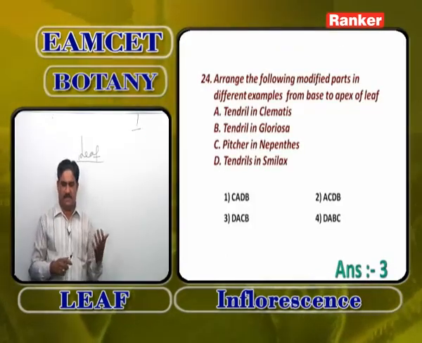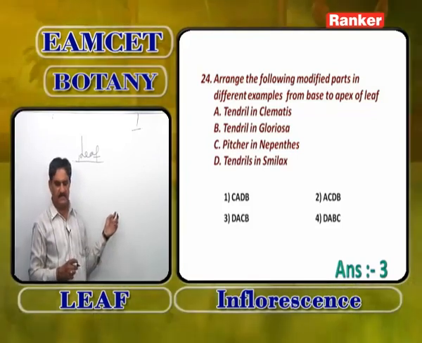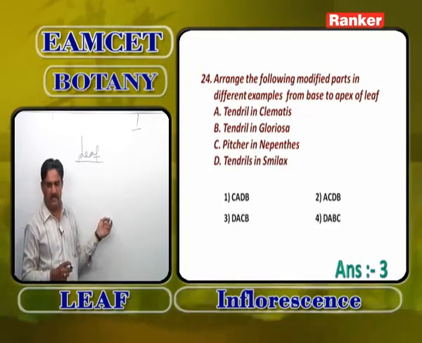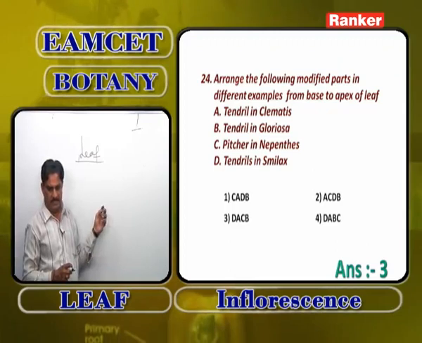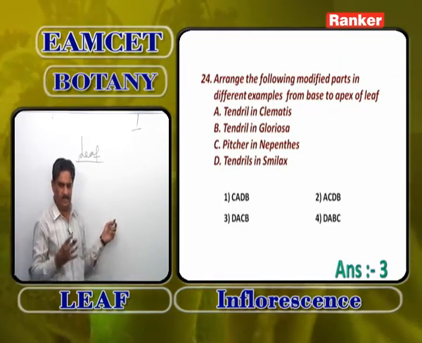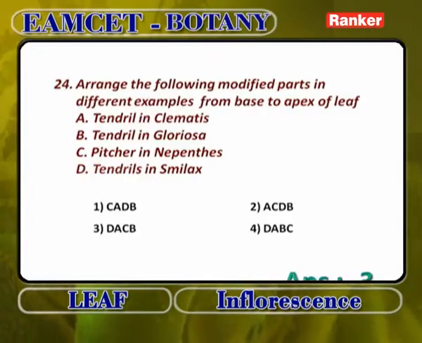So answer is DACB. D is tendril in smilax which comes from stipules. A is tendril in clematis which comes from petiole. C is pitcher in nepenthes where the total leaf lamina becomes a pitcher, and tendril in gloriosa has come from leaf apex.